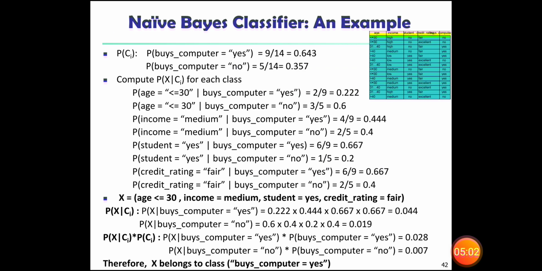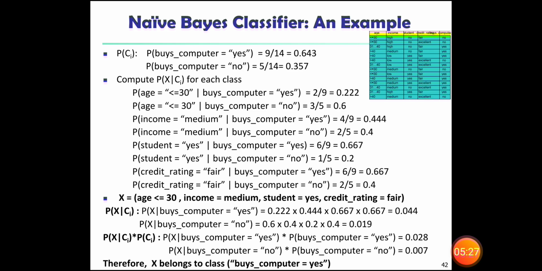Now we can see P of Ci. Remember, this is the probability of the class. It can be defined as P of buys computer yes and P of buys computer no. The status only we have changed over here.